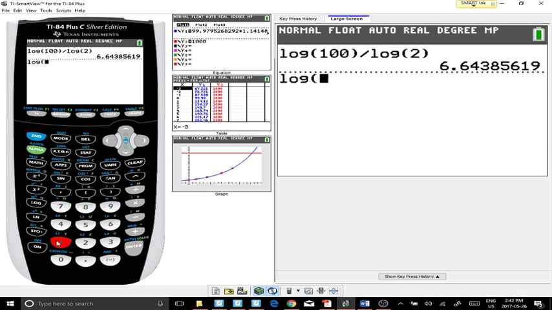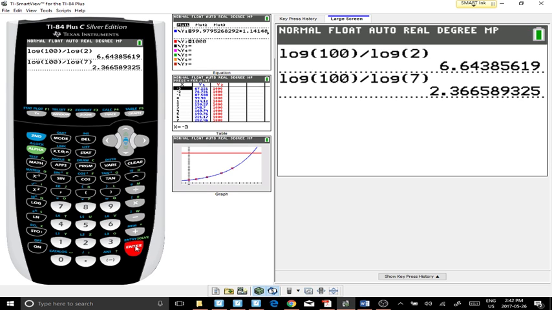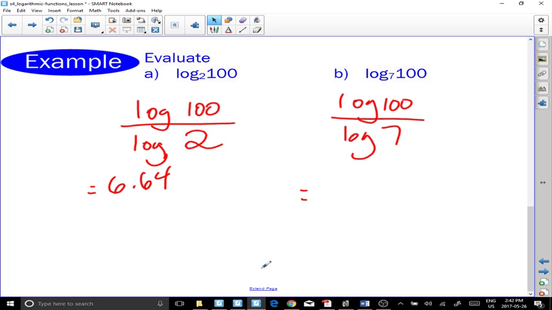And the answer is 2.37 if we write it to 2 decimal places. That is the log base 7 of 100. Okay?